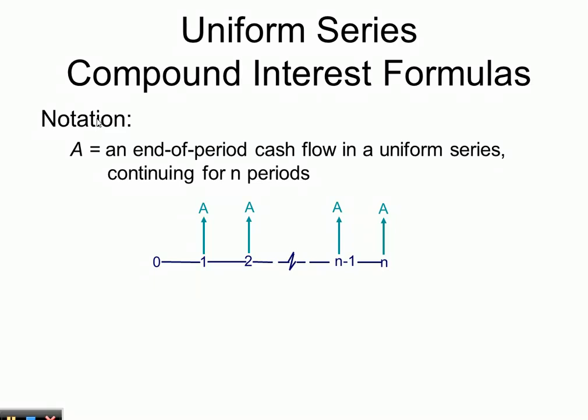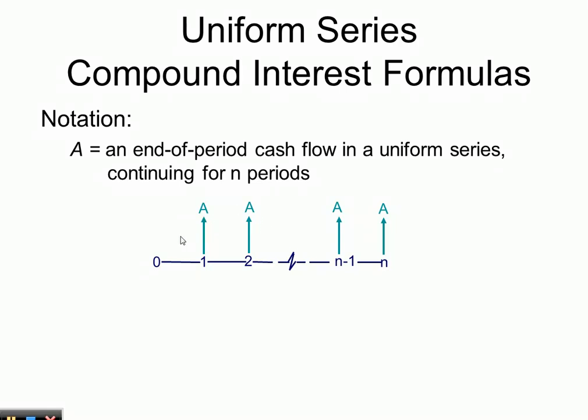Then this would look like we have A at the end of year 1, A at the end of year 2, and so on, every year, including years n-1 and n. So every year we would have A.